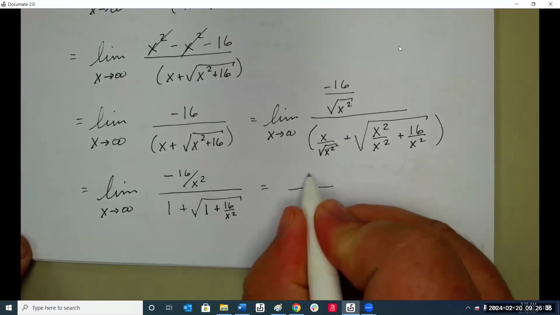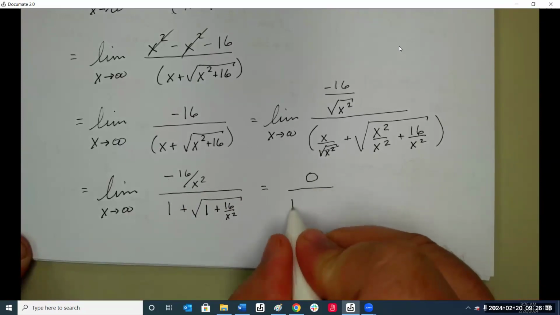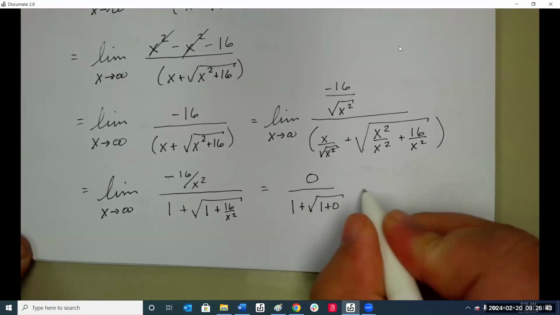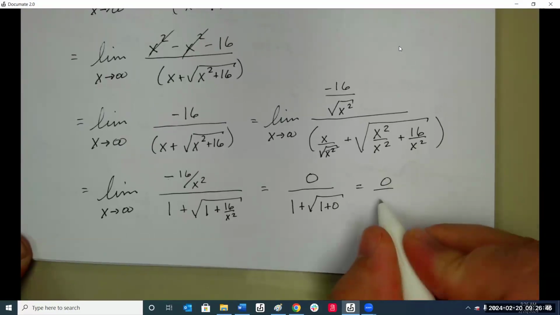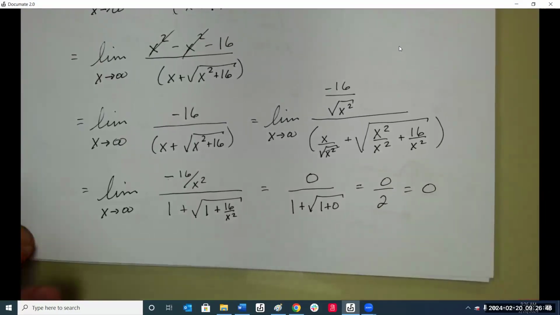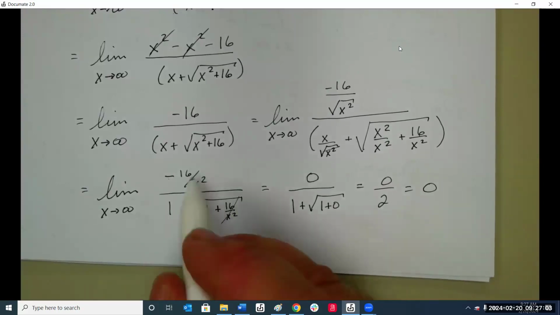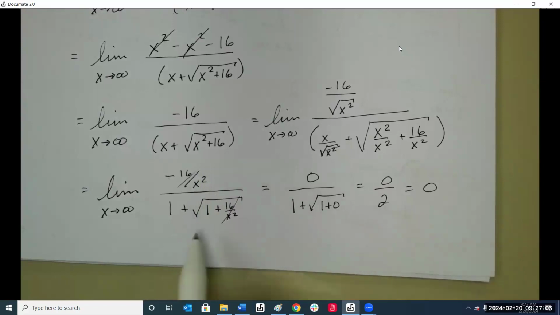We have 0 over 1 plus the square root of 1 plus 0. 0 over 2, which is still 0. All of that for nothing. Because as x goes to infinity, that goes to 0, that goes to 0. We just have 0 over 1. The square root of 1 is 1. 1 plus 1 is 2.